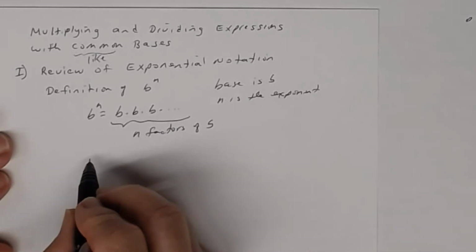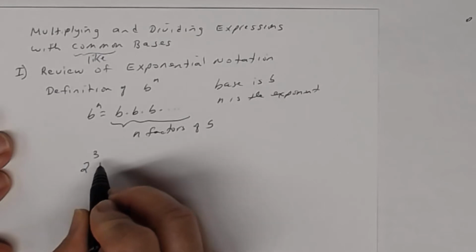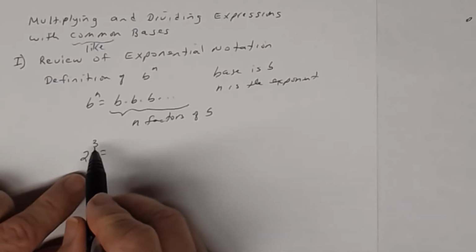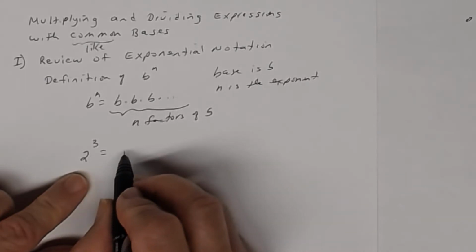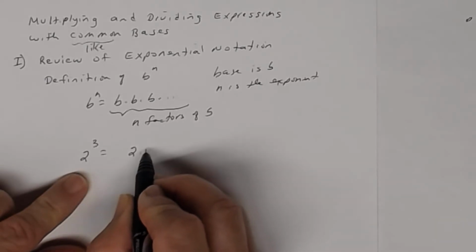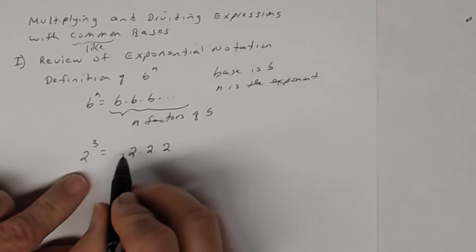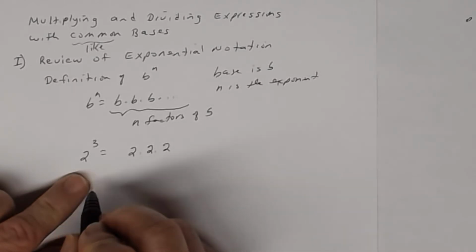For example, if I had 2 to the third, the base is 2 and the exponent is 3. What that means is that I'm multiplying 2 by itself 3 times. The exponent tells you how many factors of 2 you have.